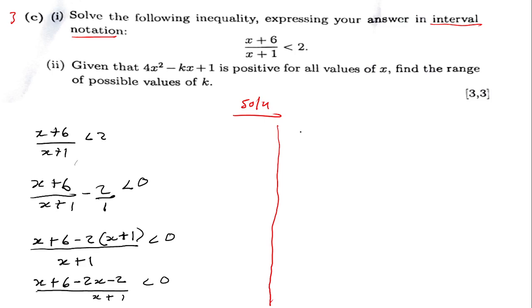So we have (x plus 6 minus 2x minus 2) over (x plus 1) less than 0. When you work this out, it gives negative x plus 4 over x plus 1 is less than 0.